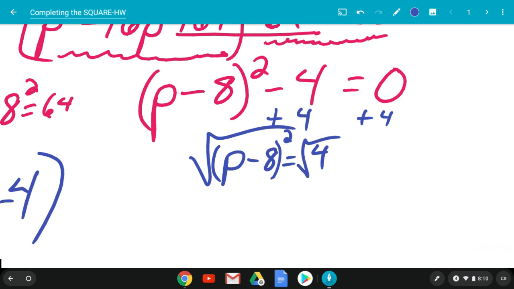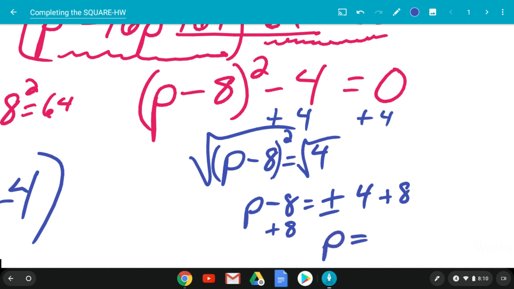P minus 8 equals plus or minus 4. Now I have to add 8 to both sides. So P equals positive 4 plus 8 is 12. Negative 4 plus 8 or 4. 12 or 4. Cool?